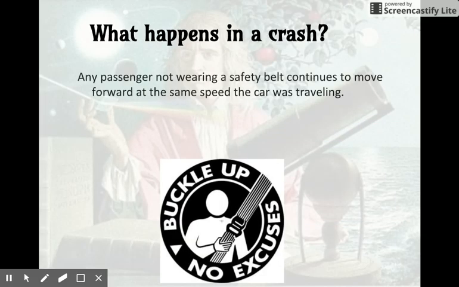And so if you're not belted into your car, what's going to happen to you is what happened to the rake and the wheelbarrow. The force gets applied to the vehicle, but not to you. And so you move forward, and a lot of times you see people get thrown through their windshield. So that seatbelt is what keeps you tied down to the car and allows you to stop with the car. Somewhat safer than not wearing that seatbelt.